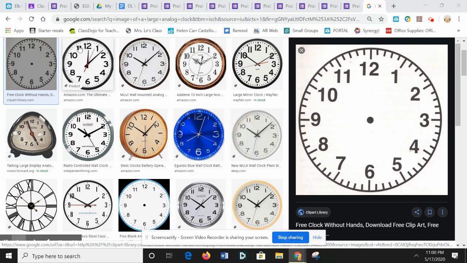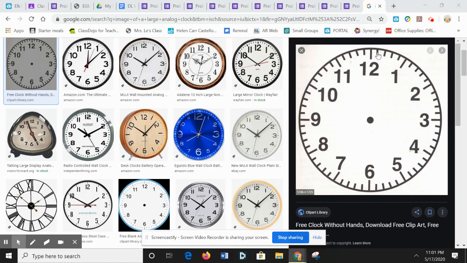And on this side of the clock, we talked about the minutes until or before the next hour. So if your hour hand is between 2 hours, like if this were between the 12 and the 1, then I would know that it's still 12. It isn't 1 yet until it actually gets to the 1.